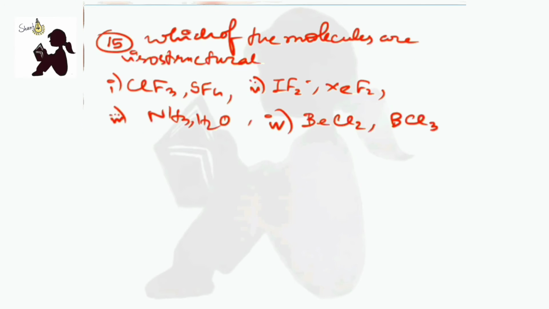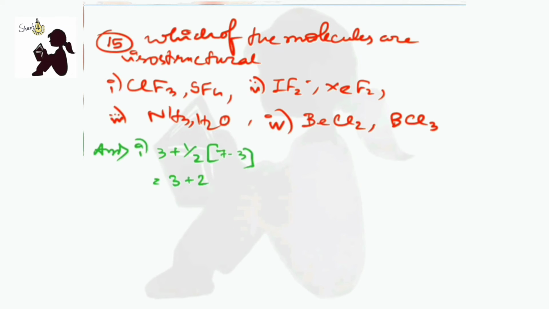Now let's see the 15th question. In the 15th question, they have said which of the molecules is isostructural. It means they have the same shape. So let's see. In the case of option 1, we can see the steric number is 3 plus half into 7 minus 3, that is 4.